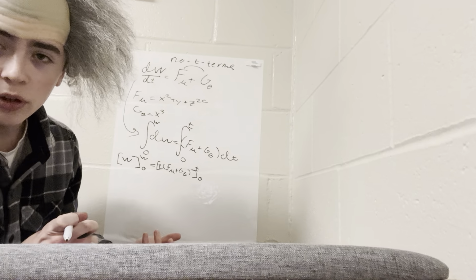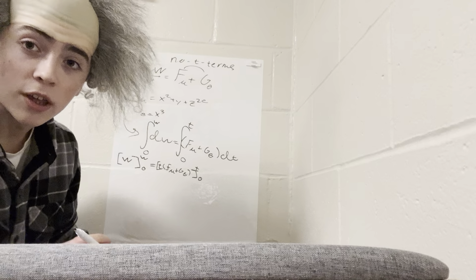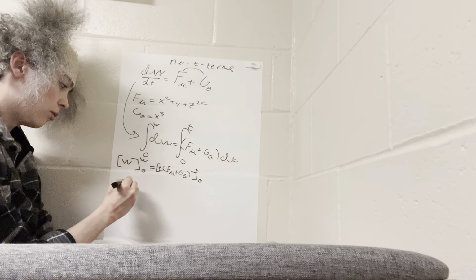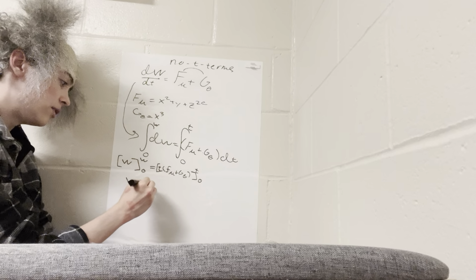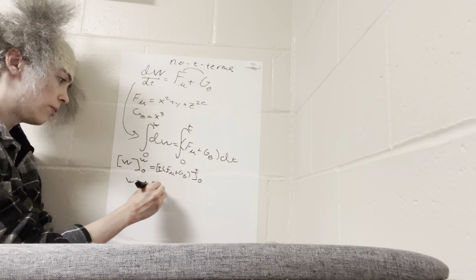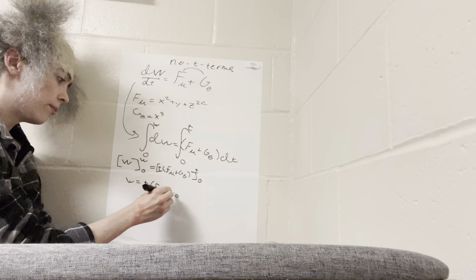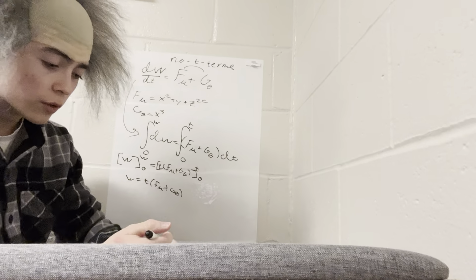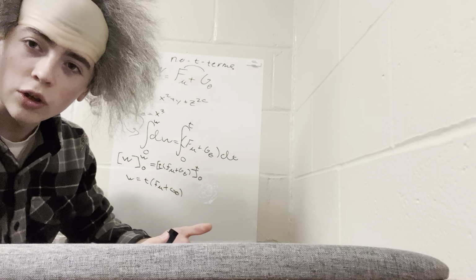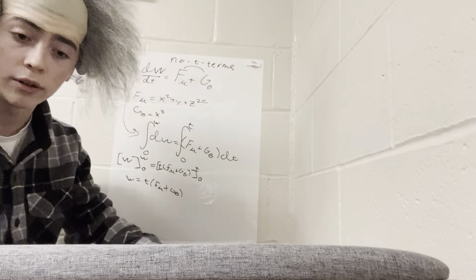And I chose these bounds very specifically so that we wouldn't have to do much math. This is actually just going to be the same thing. We just get w is equal to t times f of mu plus g of theta.